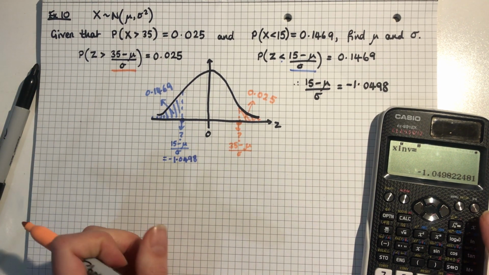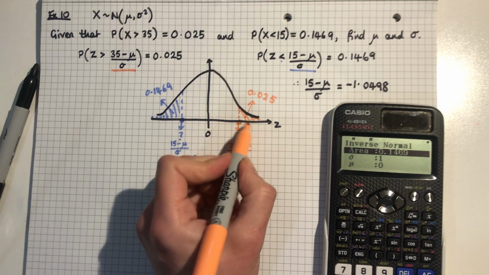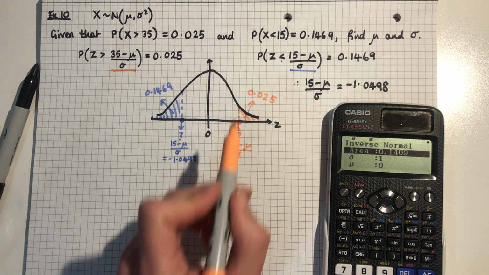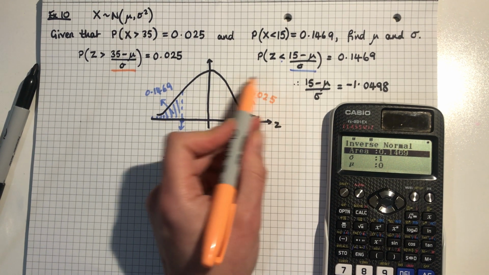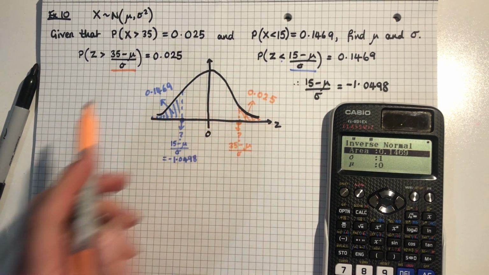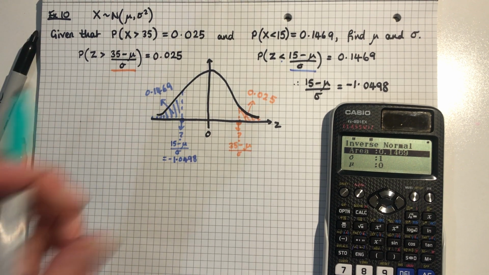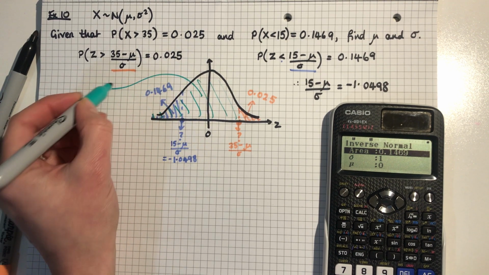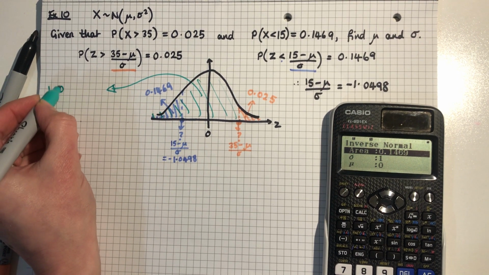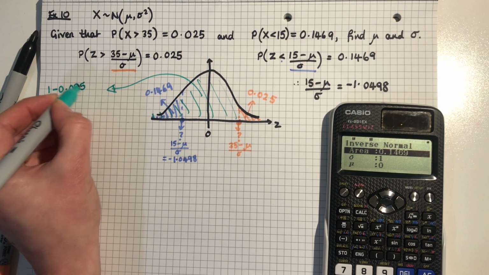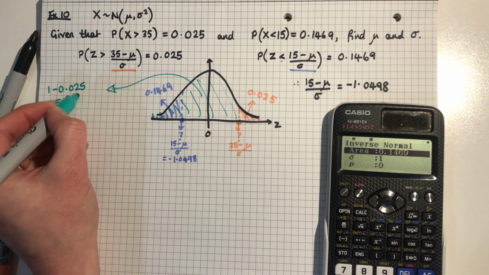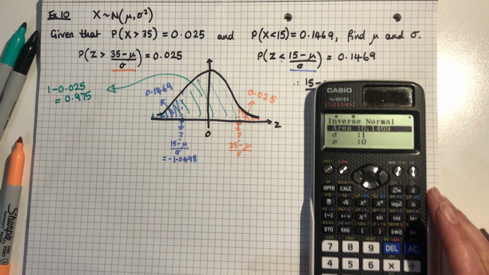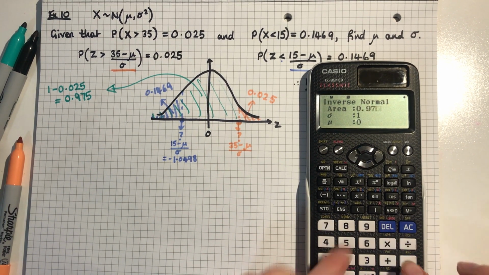Now let's do the peachy coloured one. But for the peachy coloured one, I need to remember that I need to know the area to the left of that point in order to use the function on the calculator. So I need to do 1 minus 0.025. So let's make a little note that we're actually dealing with that area there. 1 minus 0.025 is 0.975. So in my calculator, that's the area I'm going to put in.